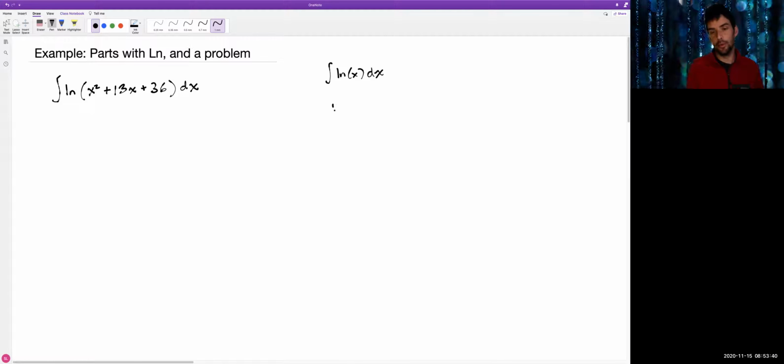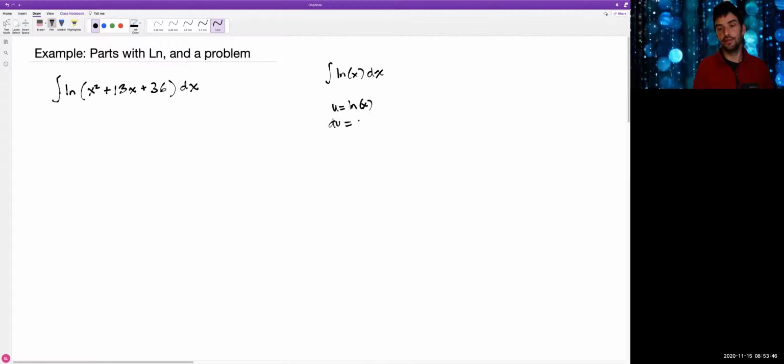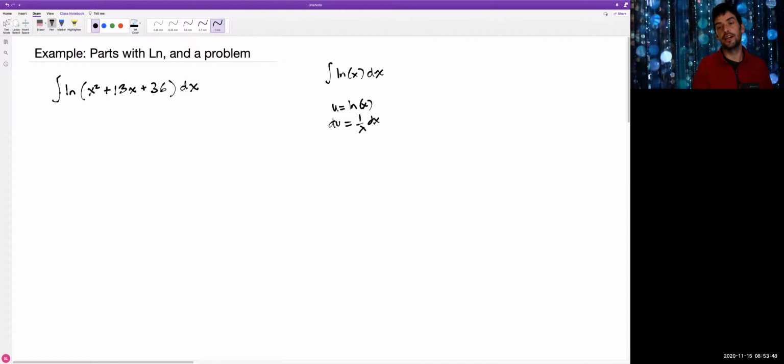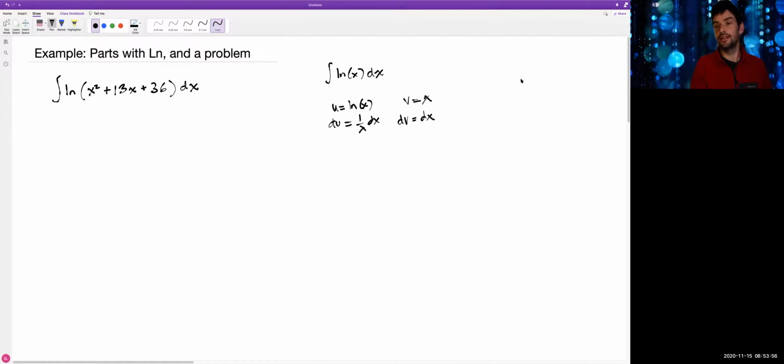And this is a problem that we can do with parts. If I let u equal ln of x, du is 1 over x dx. dv is equal to dx, and v is equal to x.